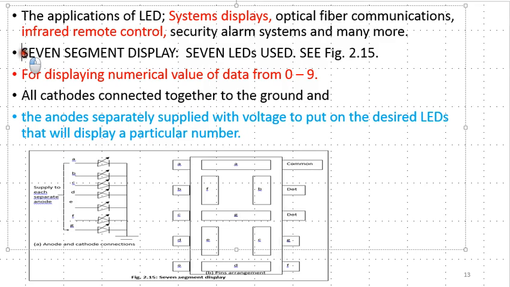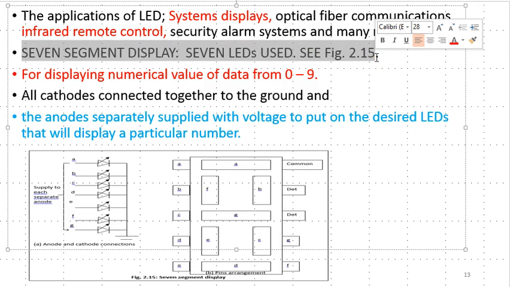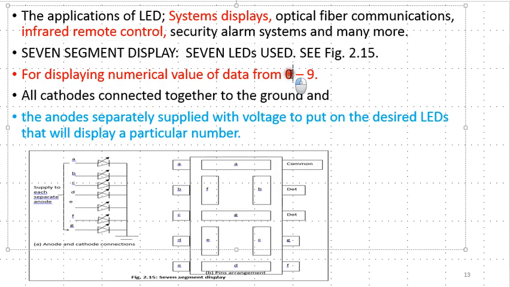Now, the next thing is what they call the 7-segment display, and this 7-segment display is nothing but a component that is fabricated using 7 different LEDs, all arranged in such a way that they can indicate figures from 0 to 9. Mostly they are connected in common cathode configuration.